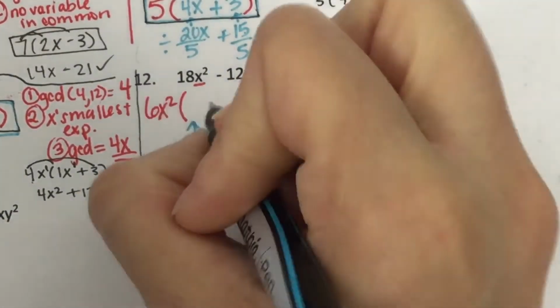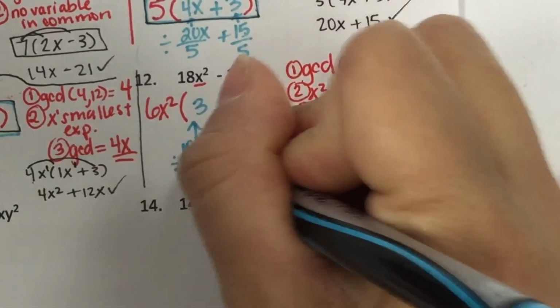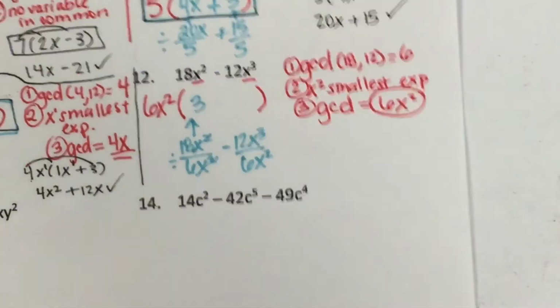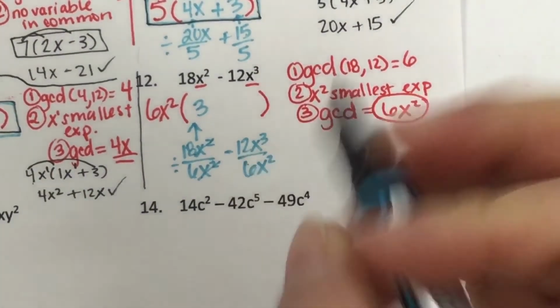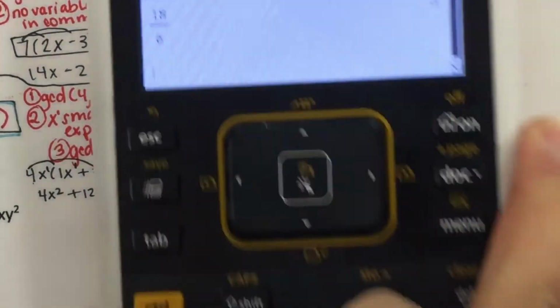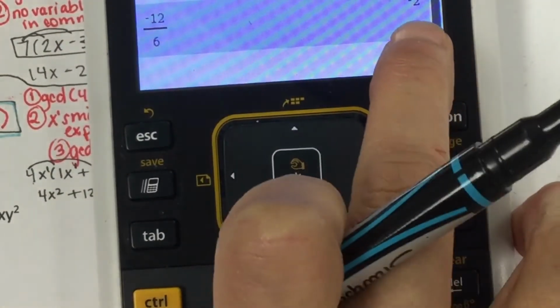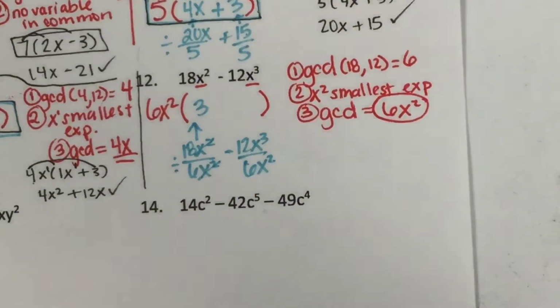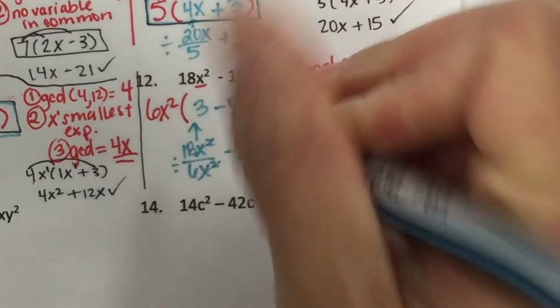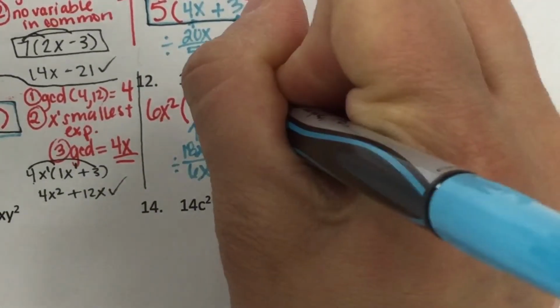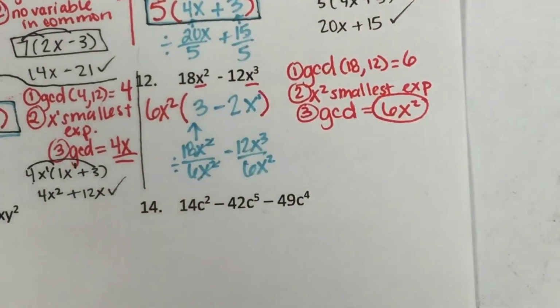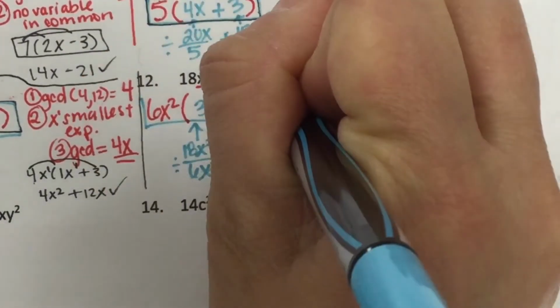So you're going to get 3. And then x squared goes away because you subtract the exponents. Next, you're going to take a negative 12 divided by 6. So negative 12 divided by 6 is a negative 2. So you get a minus 2x, subtract the exponents, so x to the first power. And this is your answer.